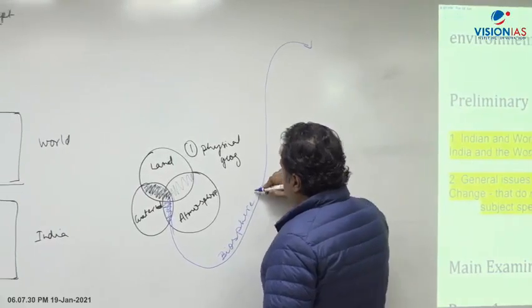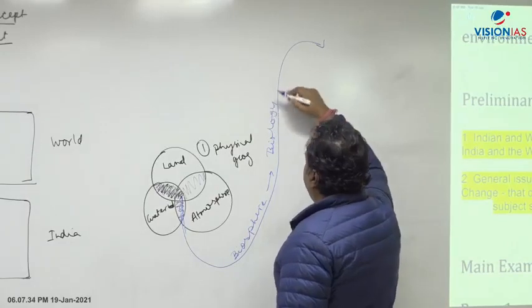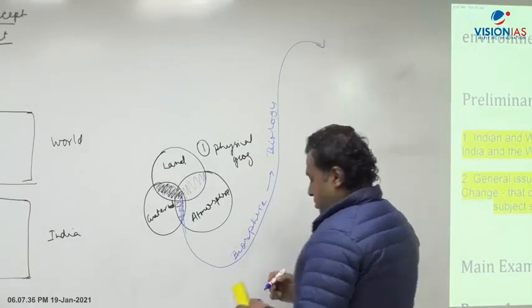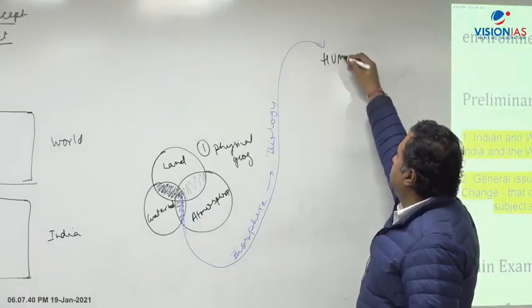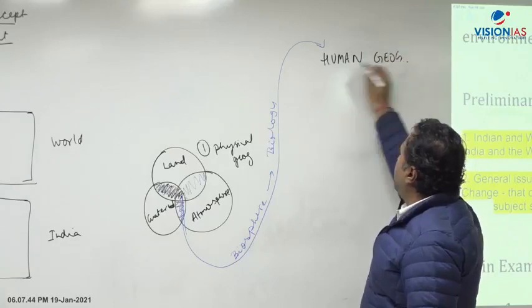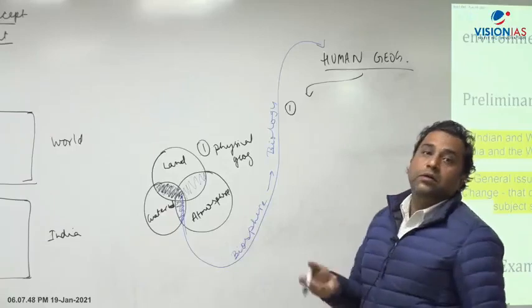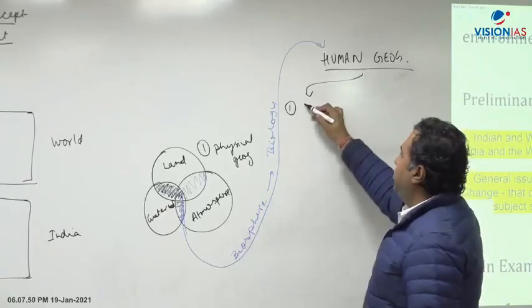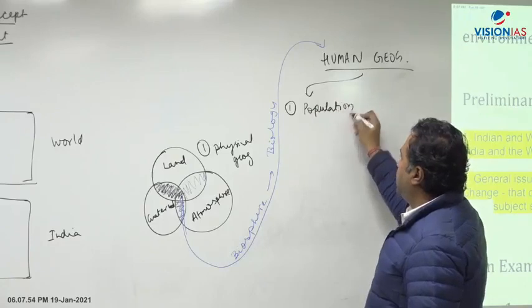Biosphere, biology, you do all this and then you come to humans. And in human geography, what will we include? First, we'll include the population of human beings.